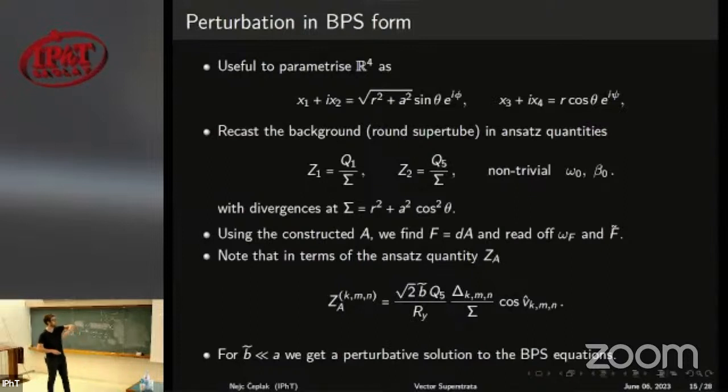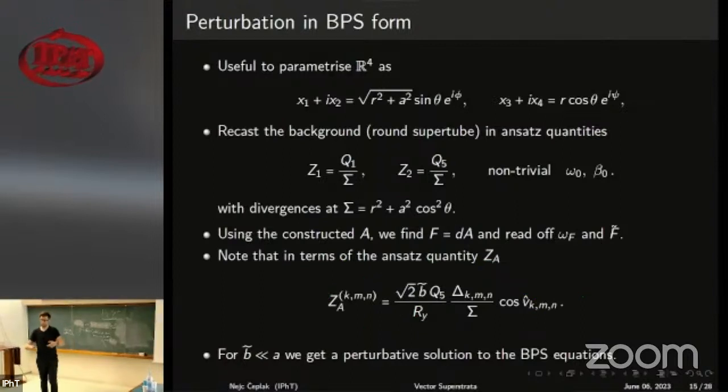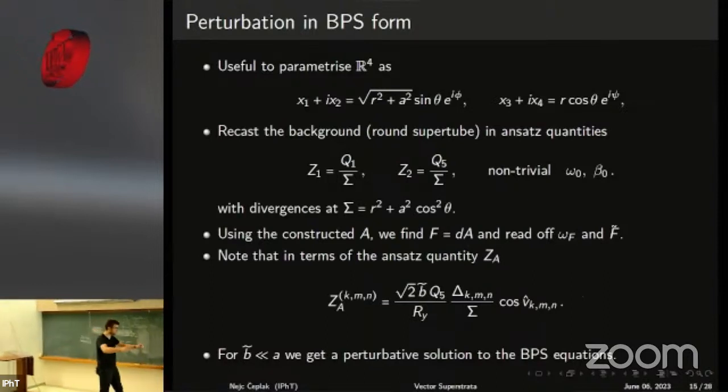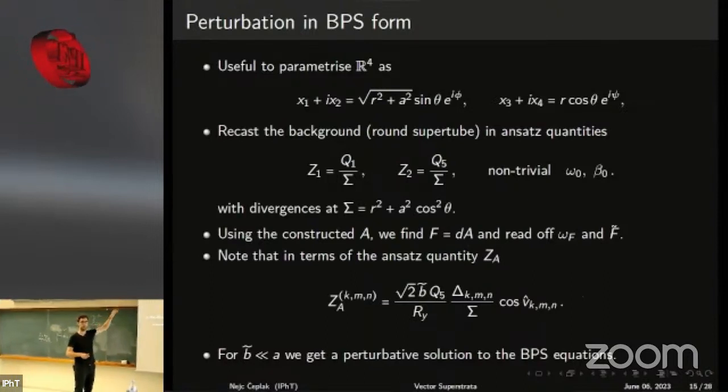So you put your D1 and D5 branes on a singular circle, and then you can see that your perturbation is just a non-trivial profile along this circle. In principle, if you remember what Stefano was saying when he was talking about the supertube, this is exactly the round supertube profile on which you put a non-trivial vector field profile.